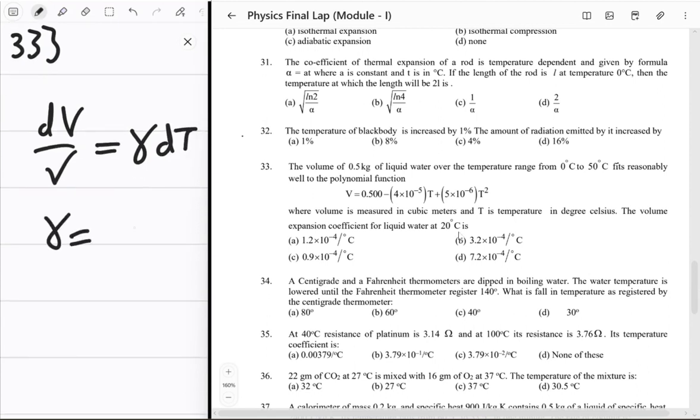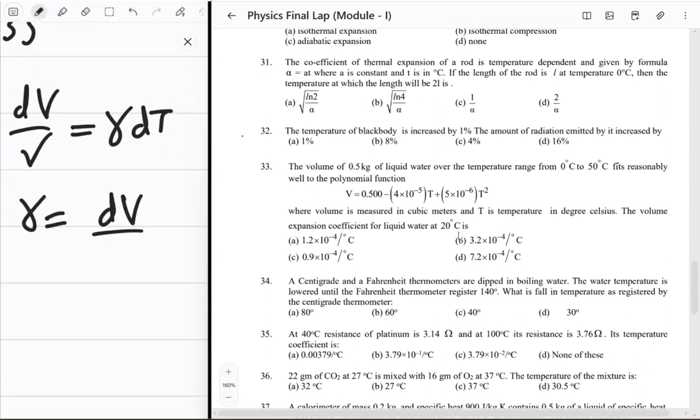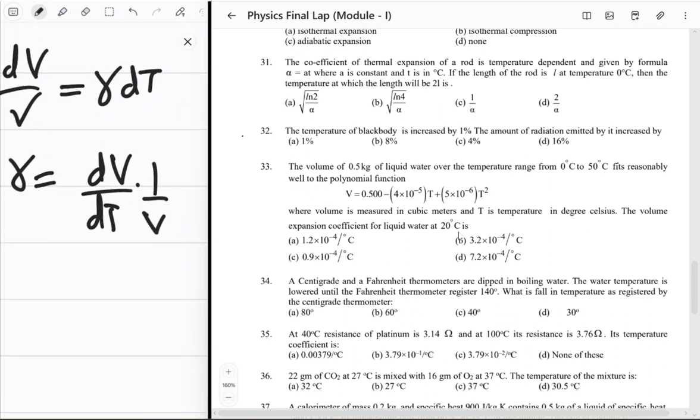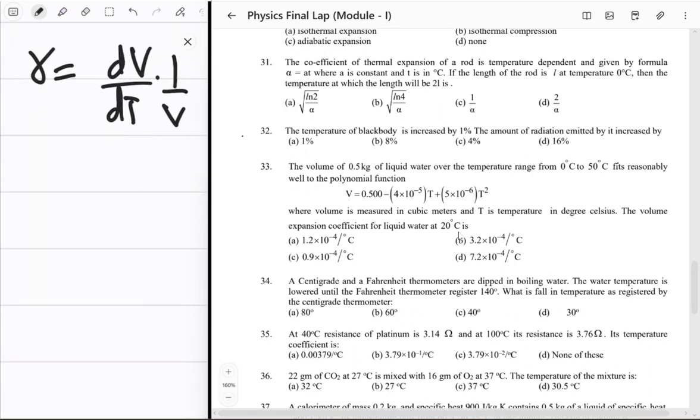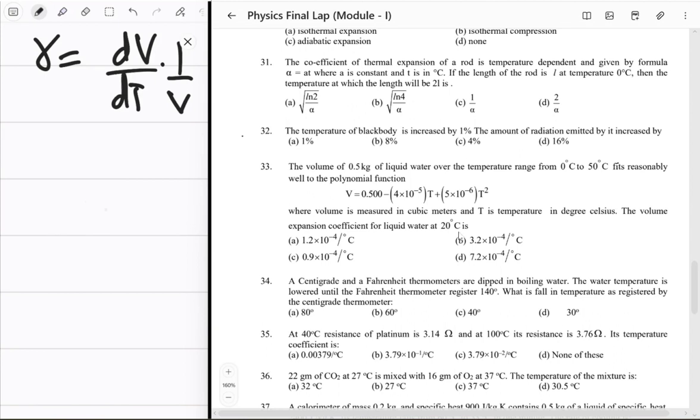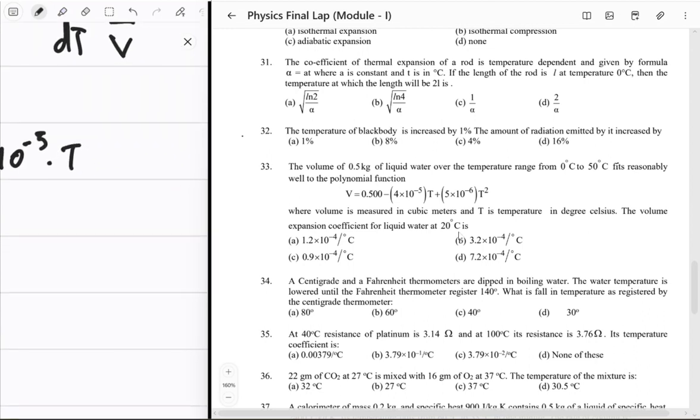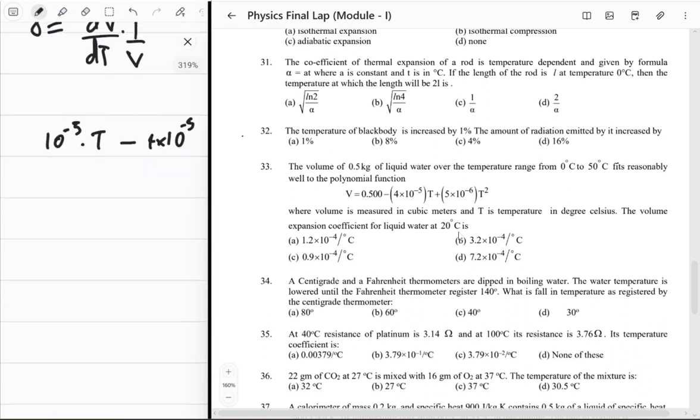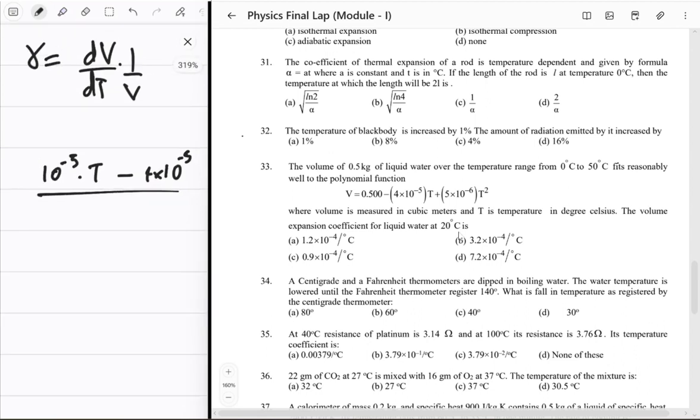So gamma is dV upon dT times 1 upon V. So what is dV upon dT? It's 2T times, 2 is there, so 10 goes outside. This is 10 power negative 5 times T minus 4 times 10 power negative 5. All of that upon the volume itself.